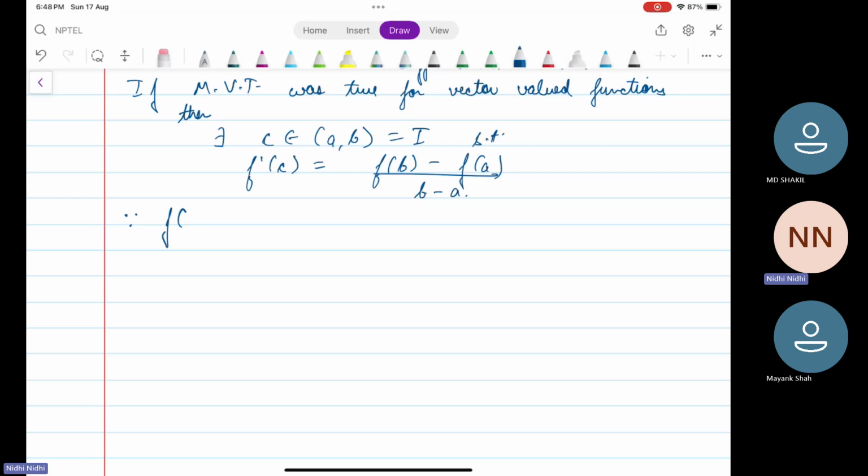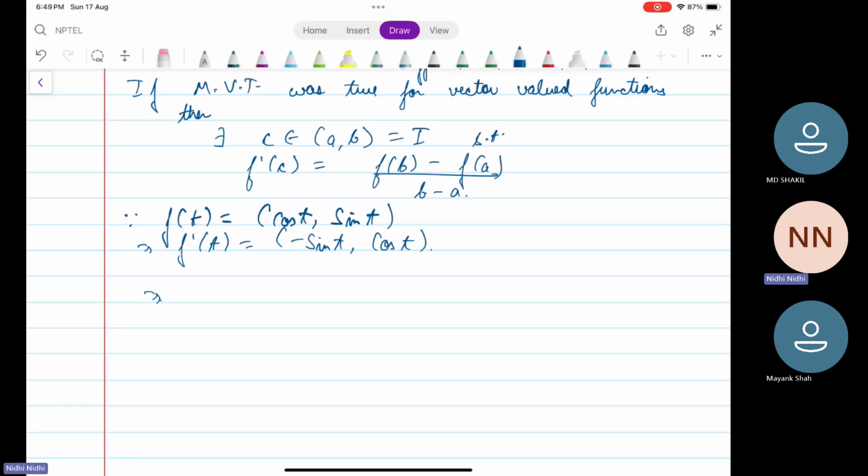So we have, since f(t) is equal to (cos t, sin t), this implies f dash t is equal to (minus sin t, cos t).